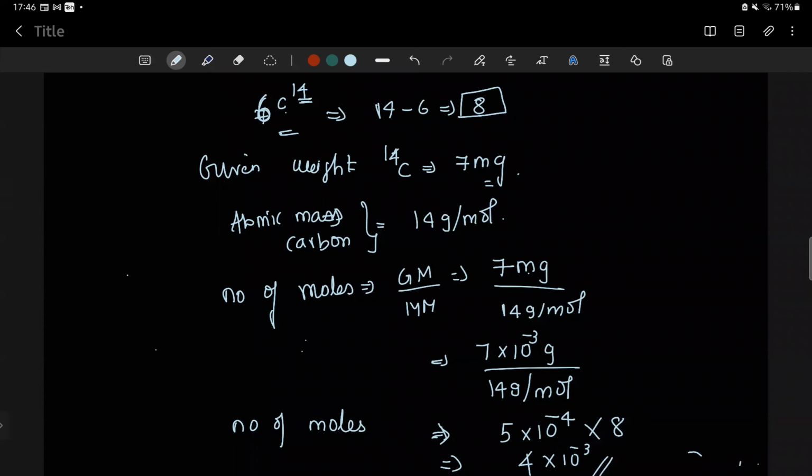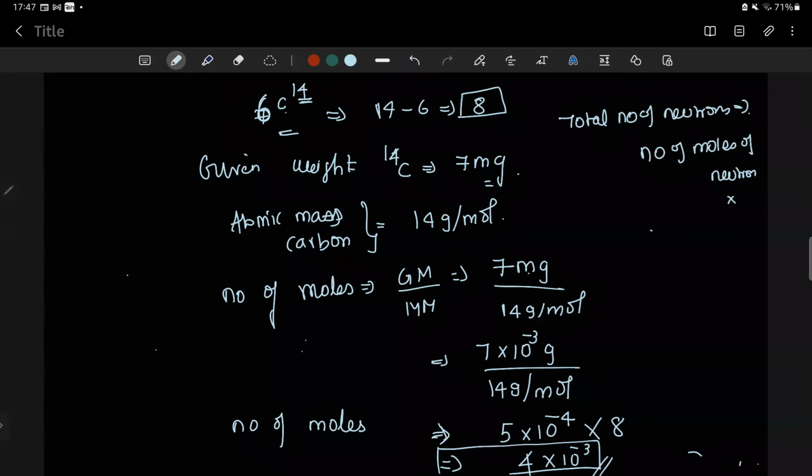Now, they have asked for the total number of neutrons present in it with 1 mole. So you have to calculate, it's very simple. Total number of neutrons is equal to number of moles of neutron into Avogadro number.